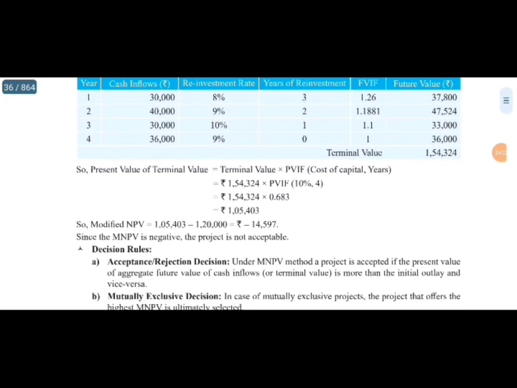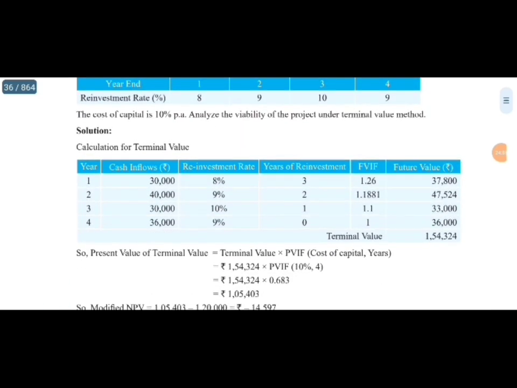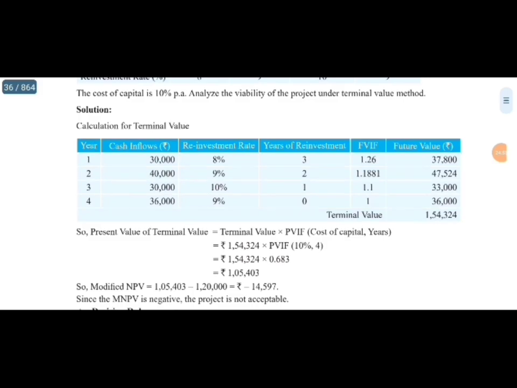The modified NPV method is also known as the terminal value method. So the first step is finding the terminal value, that is the future value, using the reinvestment rate and reinvestment year. And then we have to bring down the future value to the present value of the 4th year.